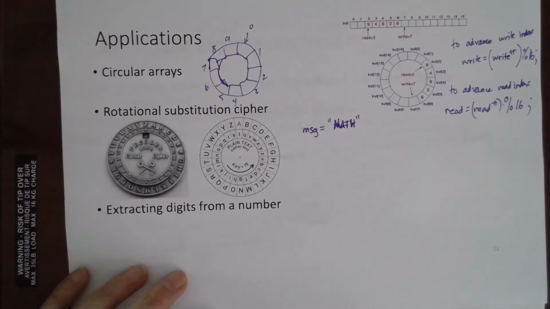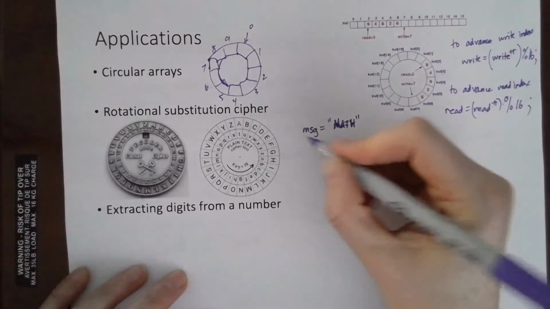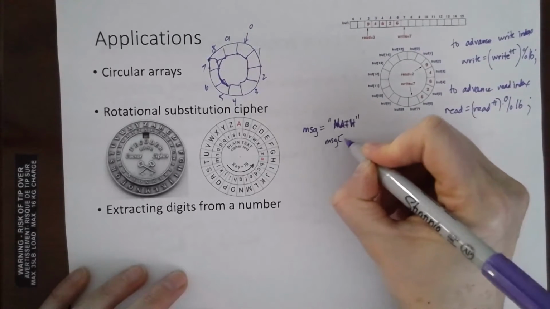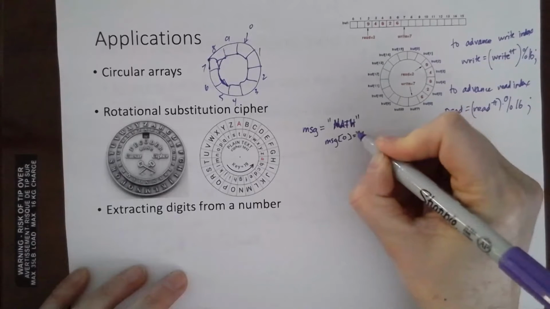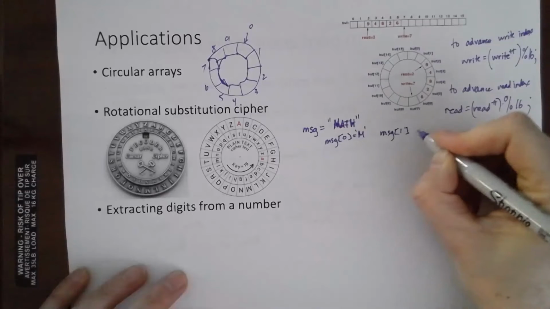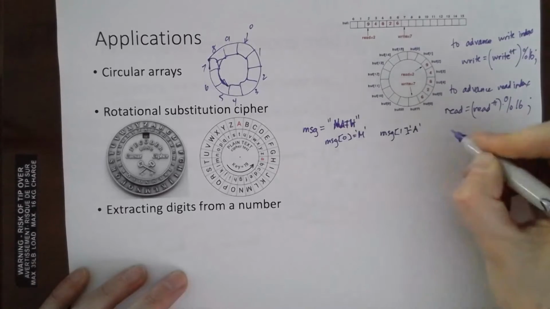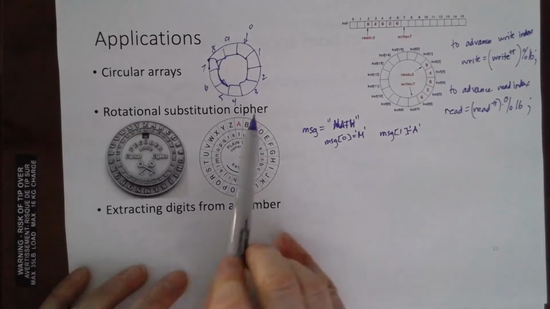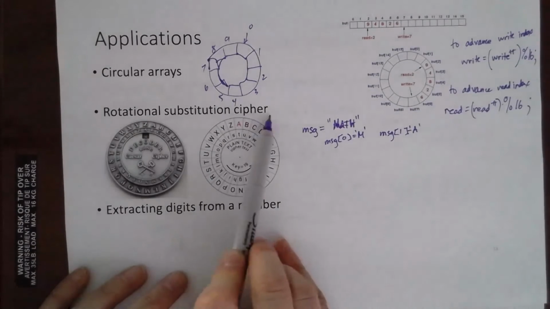Okay. So in this message, message 0 is the capital M, and message 1 is a capital A, and so on and so forth. And now you want to figure out what the secret message is. That's called the cipher message.